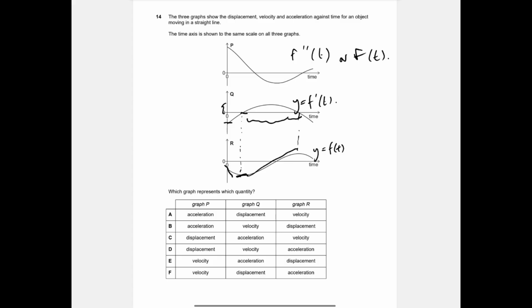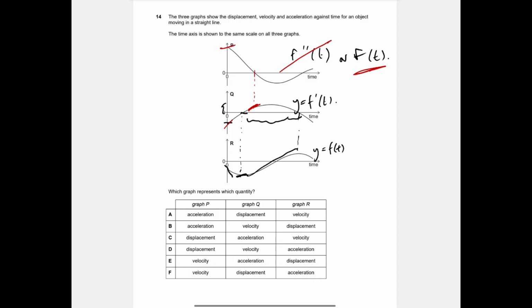Okay, so Q, I'll do a bit in red. Q starts out with positive gradient, P starts out positive. And then Q's positive gradient decreases, which it shows over here. But over here, P predicts that the gradient of Q is 0, which it isn't over here. So P can't be F double prime of t. So it has to be this.